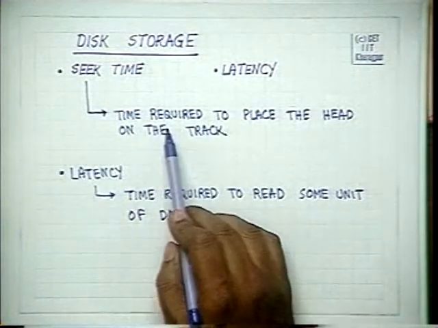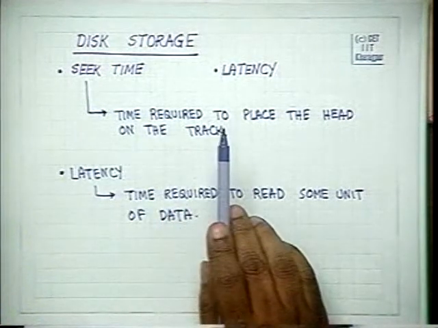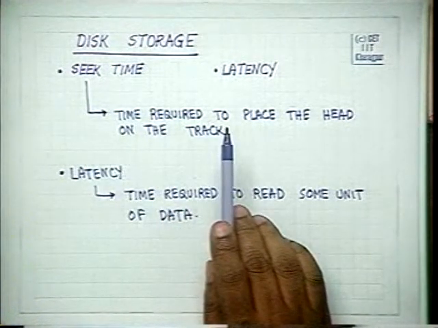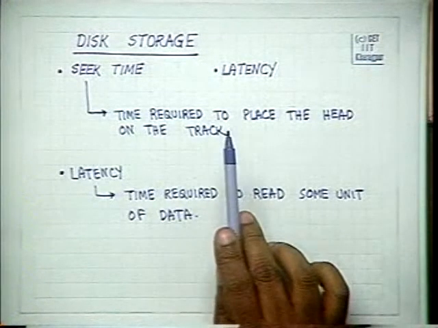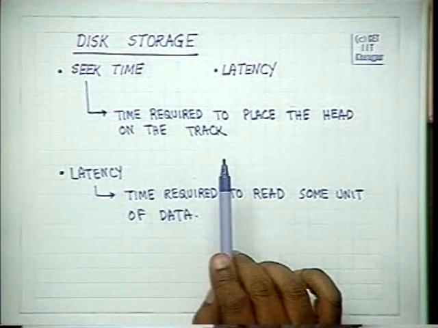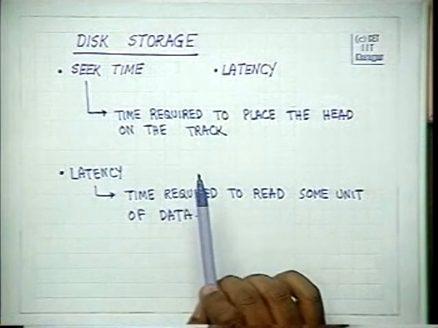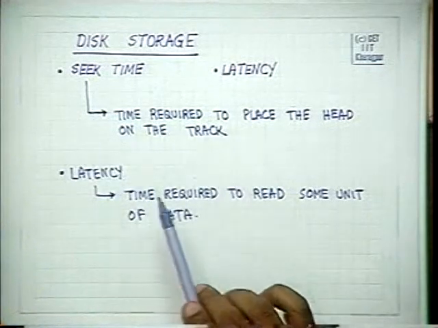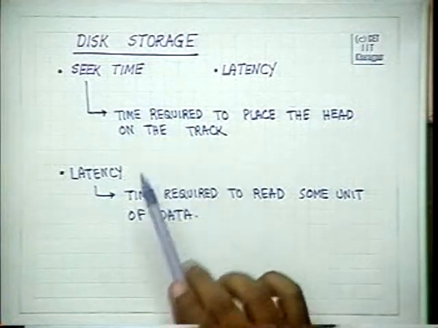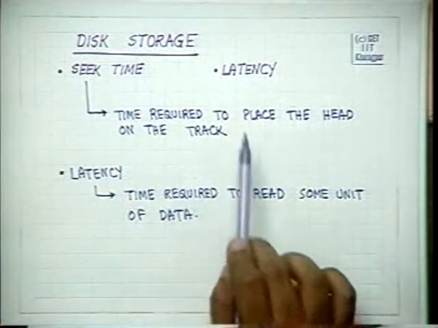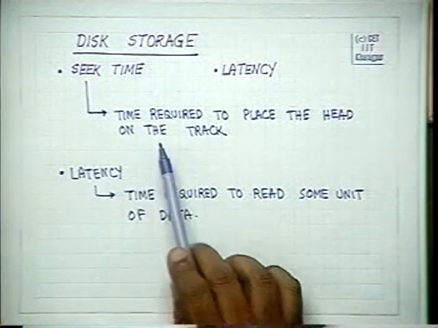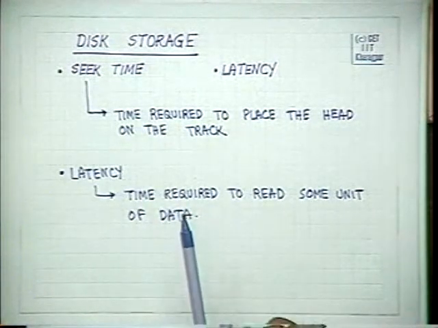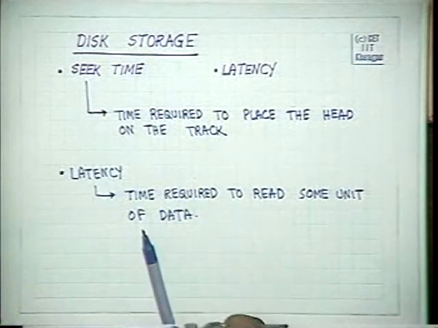So first is the time to position the head on the particular relevant track on which I want to read the data, and the second is while the disk rotates, I have to read that amount of information. That is, it may be proportional in the worst case to the total rotation of the disk, one cycle rotation of the disk. So these are the two times involved in actually reading or writing a particular type of information.